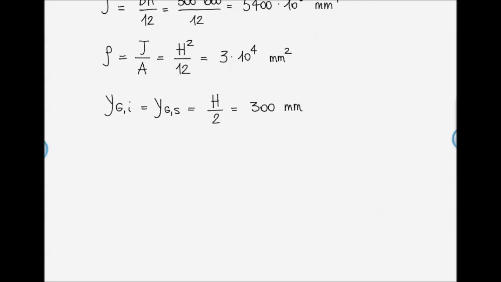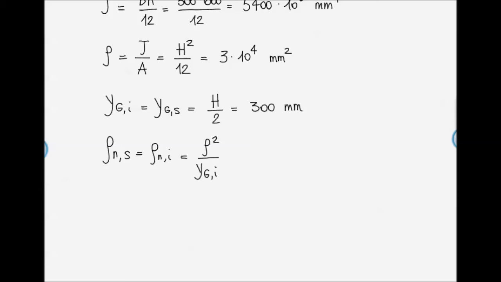And we can now calculate rho NS and rho NI, which are equal to rho squared over YGI or YGS.